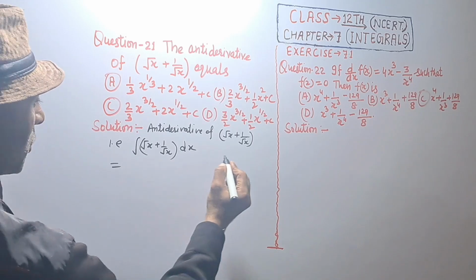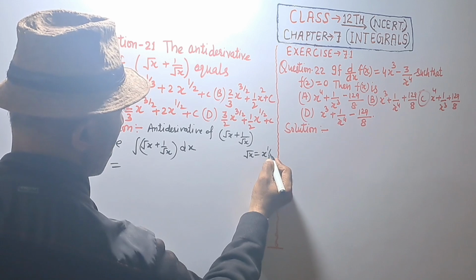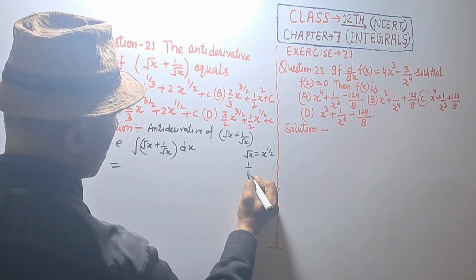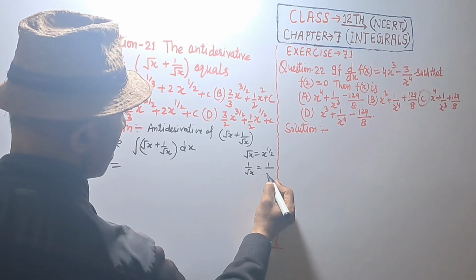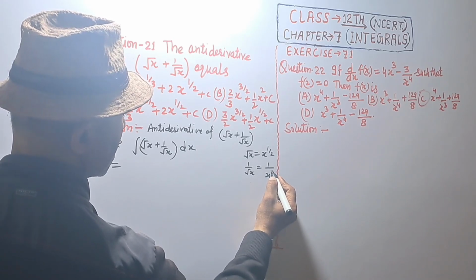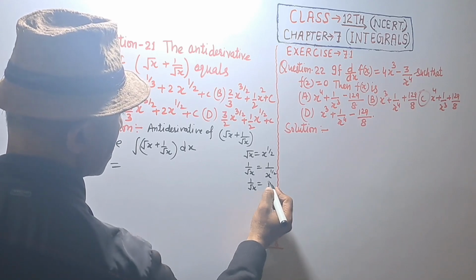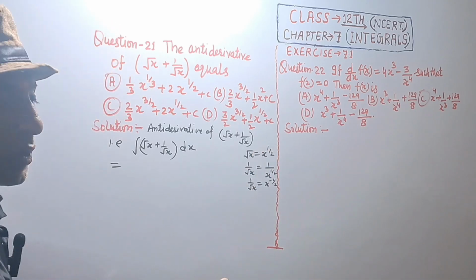Root x we can write as x raised to power 1 upon 2, and 1 upon root x is equal to x raised to power minus 1 upon 2.